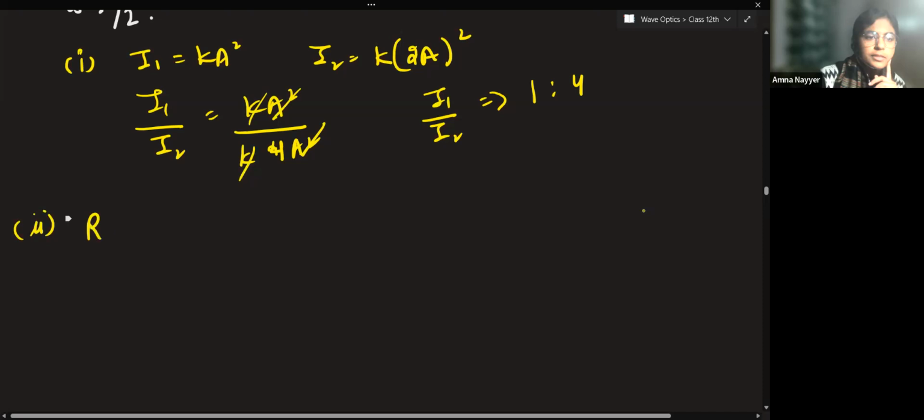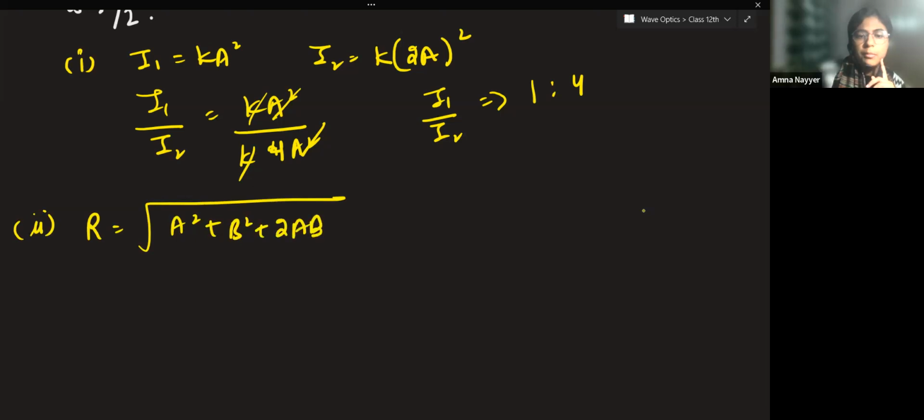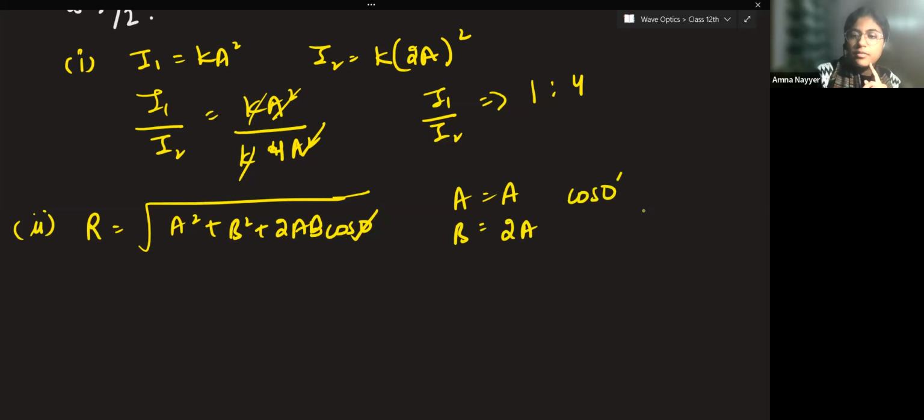See, resultant amplitude equation is under root of A square plus B square plus 2AB cos phi. A is given as A, B is given as 2A, and phi is given as pi by 2.